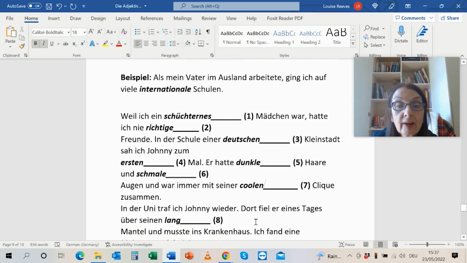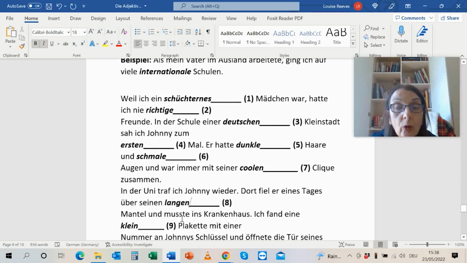Und war immer mit seiner, okay, mit is your dative preposition, mit seiner coolen Clique zusammen. In der Uni traf ich Johnny wieder. Dort fiel er eines Tages über seinen, there's your clue there, and Mantel being masculine singular, and über, accusative, über seinen langen Mantel. Und musste ins Krankenhaus.